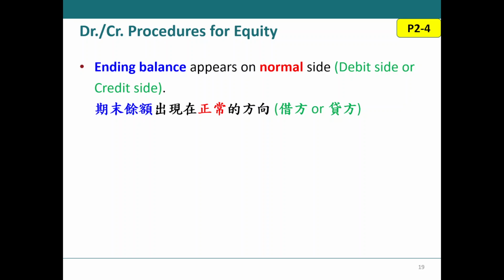Credit balance, final amount on credit side. Okay? Here, another new term is ending balance, 期末余额. So, what does it mean, ending balance? Balance is the final amount, right? Balance told you the final amount. 余额, balance told you the final amount.